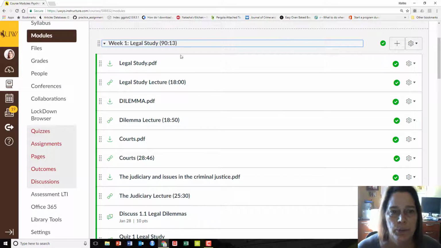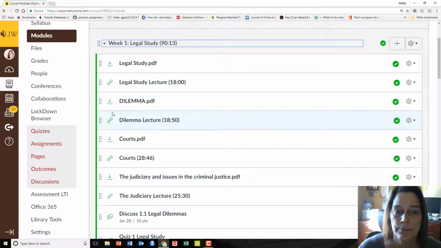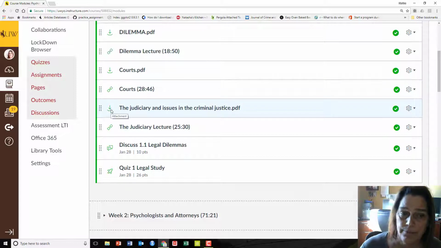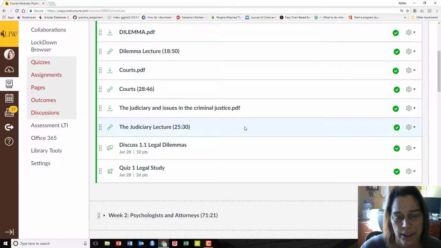And if you look at each one of these pieces right here, the first thing you'll see are the slides. You can download the slides for the lectures, and then there'll be a lecture. That's what these links suggest. Some more slides, another lecture, courts, and a lecture on courts, the judiciary, the slides, and then a lecture.